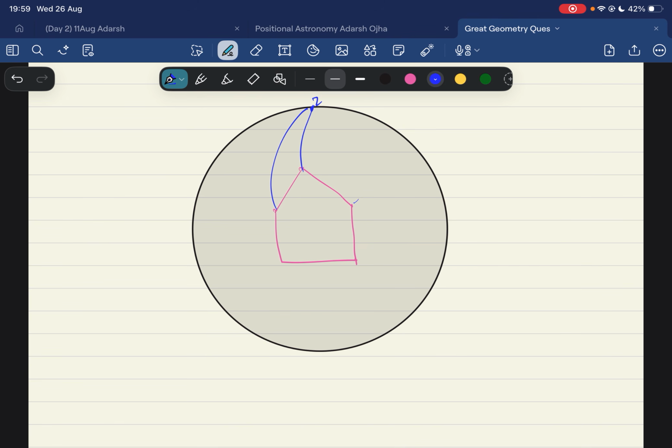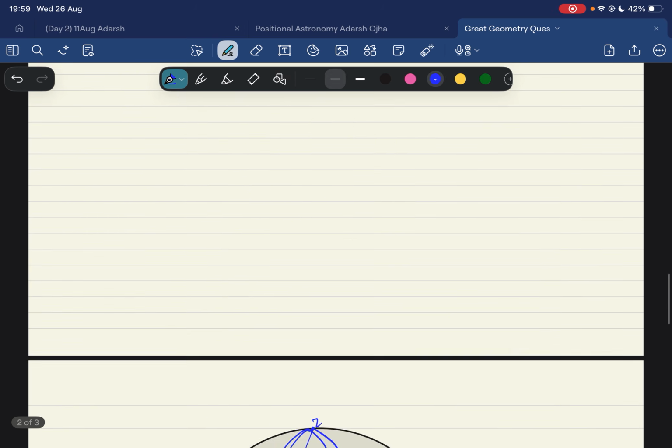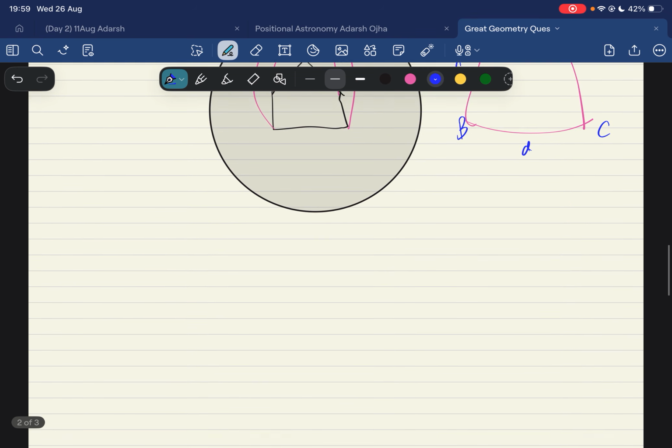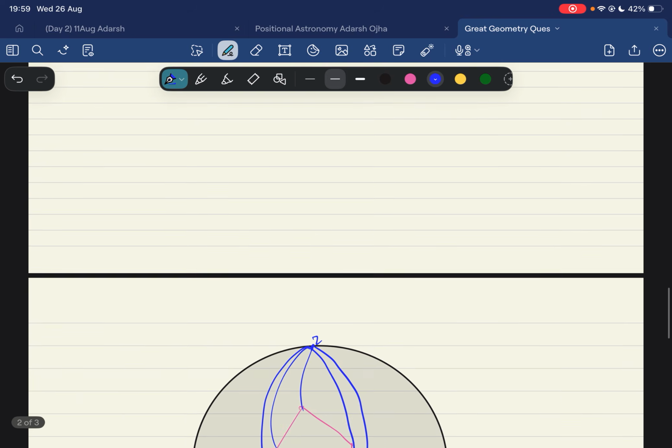So let's just find the angle right here, because we have to find this minimum possible value of del Z, which I suppose is basically the angle.